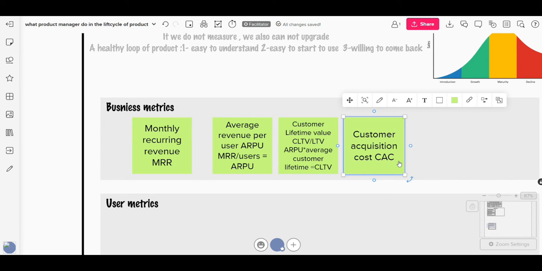Customer acquisition cost. This cost covers all the money that's spent on attracting customers, for example the marketing spending, the sales team's work, and advertising spend.